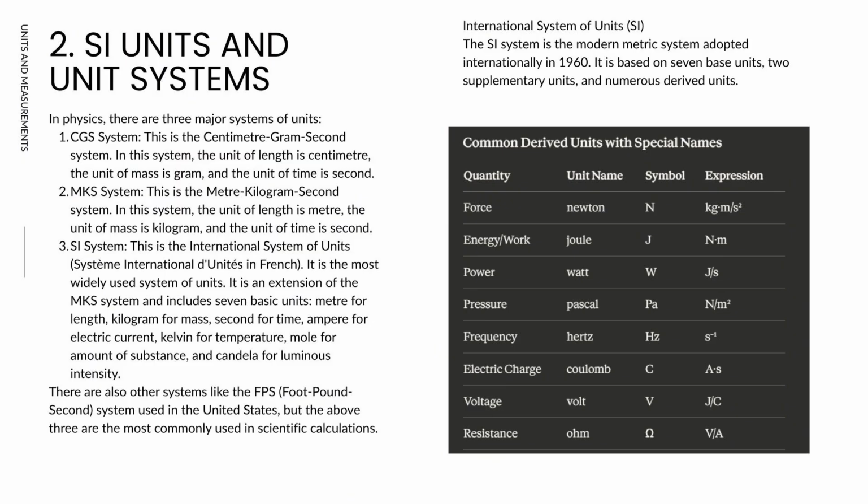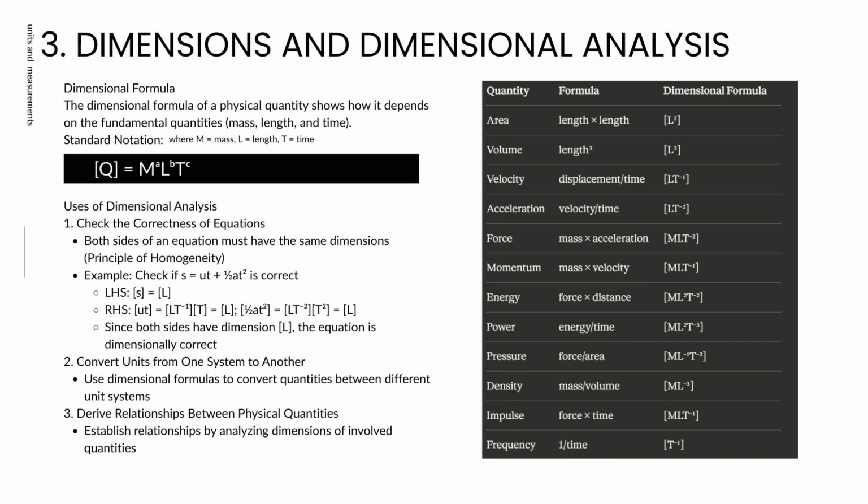Voltage is measured in volt. The symbol is capital letter V, and it is also joule per coulomb. Resistance is ohm, and the symbol is like an inverted U with wings. We have the expression to be volt over ampere.